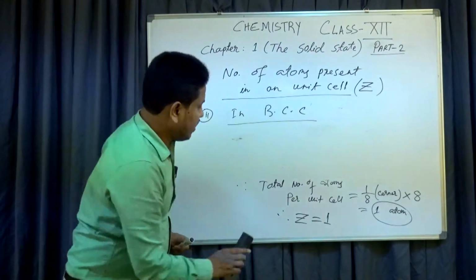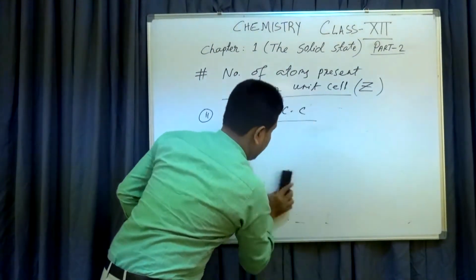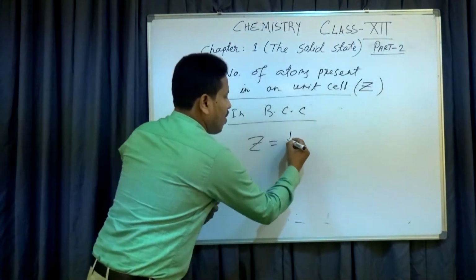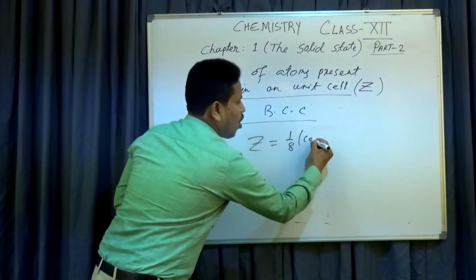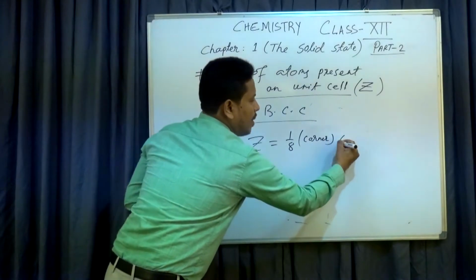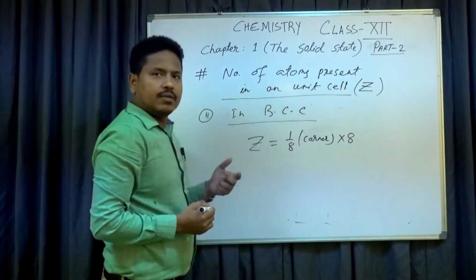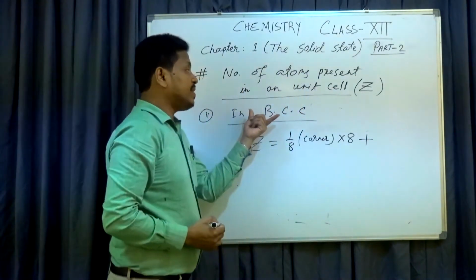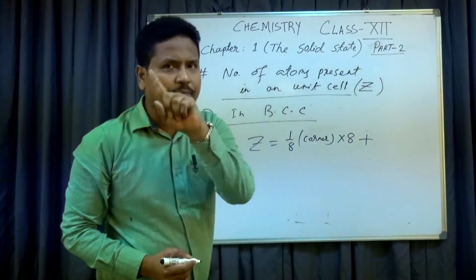Value of Z for BCC: 1 by 8 for each corner atom. How many corners? There are 8 corners, just like the previous case, plus the body center. In BCC, the body center atom is not shared by any other cube.